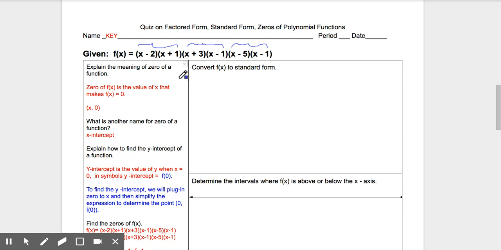Okay, so I want to multiply the first 2 factors. So we're going to have here x minus 2 times x plus 1.